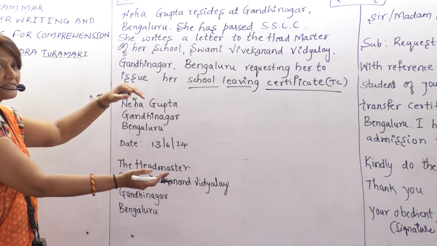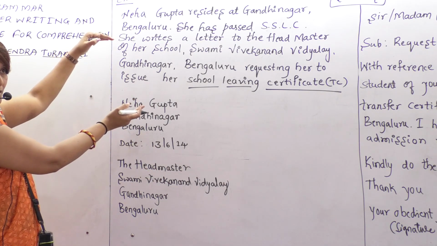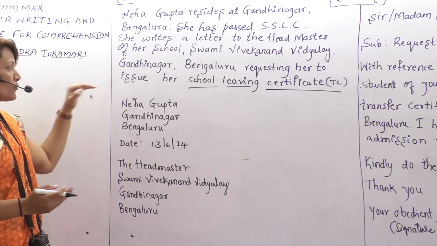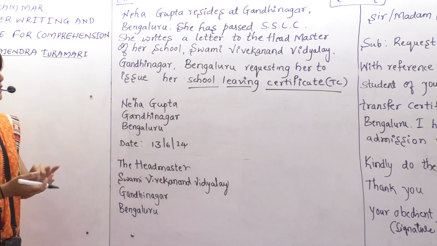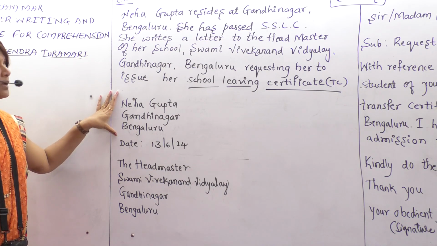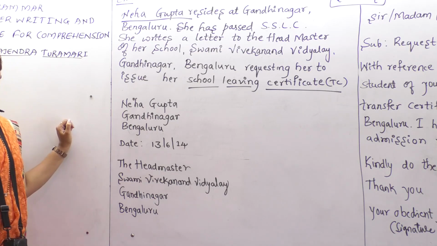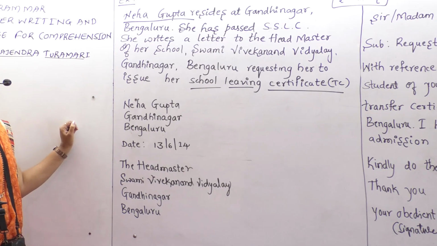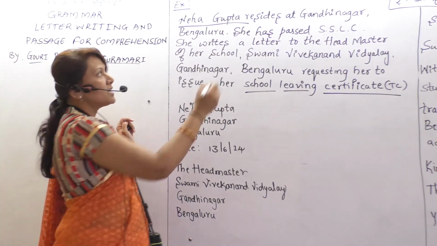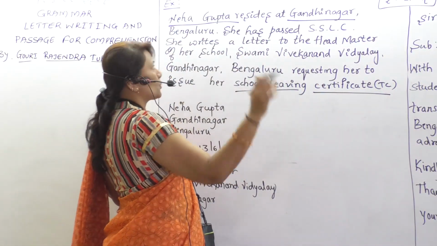So already I have written the letter on the same subject. Let us glance at that. First, I took what here? The sender's address. Here the sender is who? Neha Gupta. And her address is, she stays where?